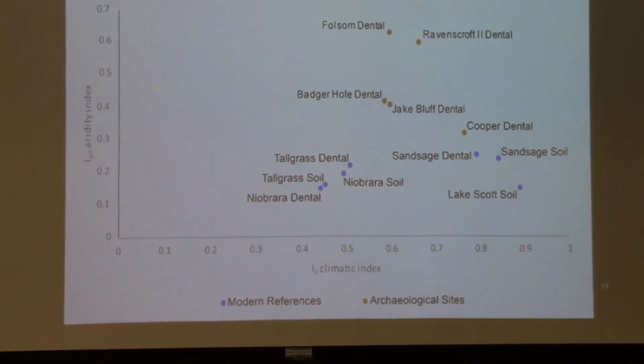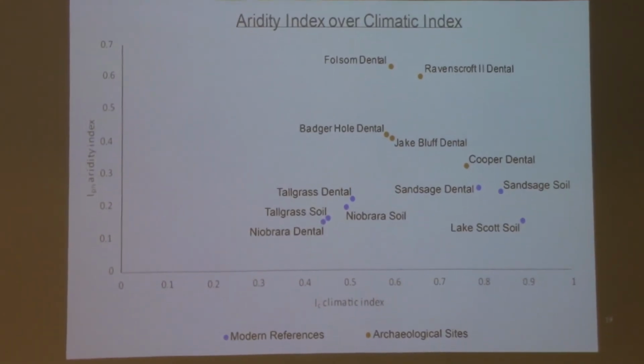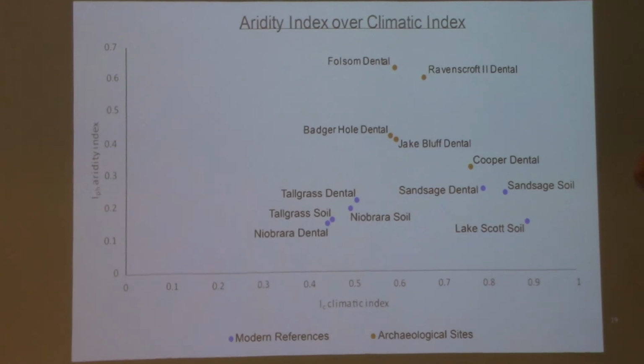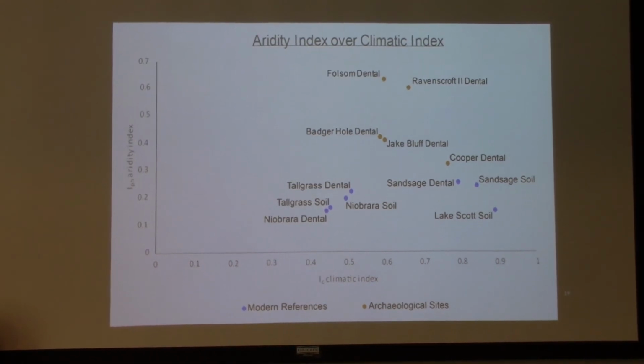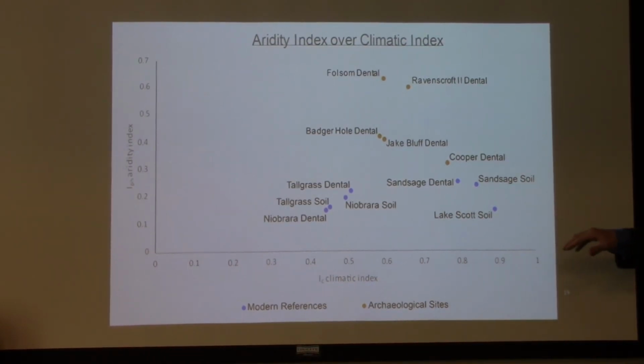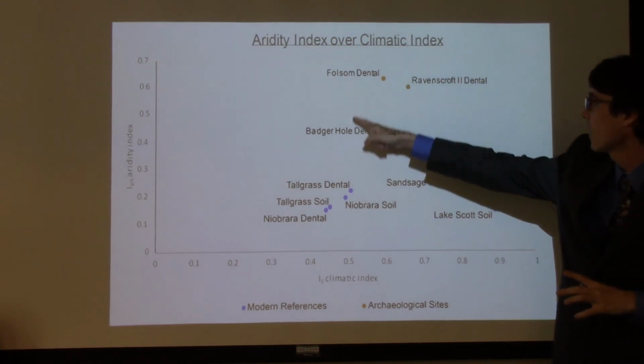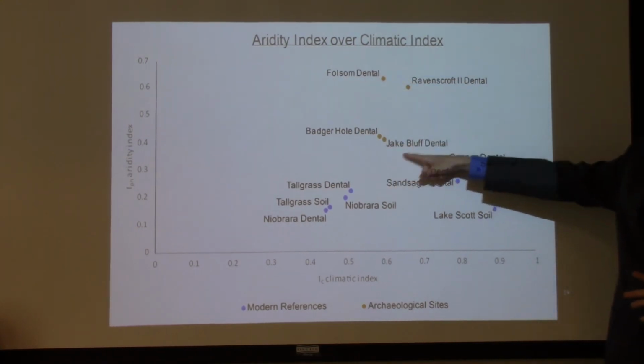So here I plotted the total for the aridity index over the site's total for the climatic index. And what we can see is almost four groups, well, three groups kind of forming. So we've got the ancient sites up here.